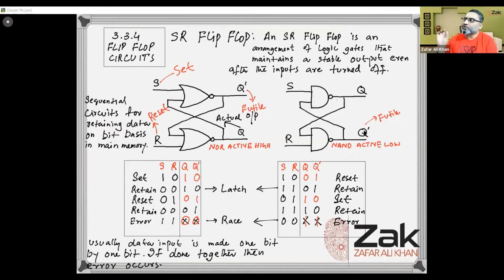Pay attention to their position. In NAND gate based SR flip-flop, Q stands on top, and in NOR gate based SR flip-flop circuits, Q stands on bottom. All right, so pay attention.